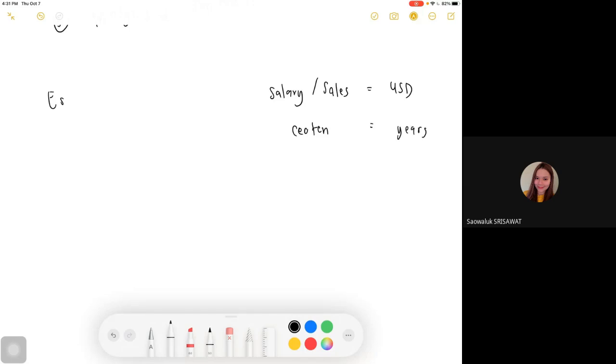Okay, so this is the estimation, right? So the first one, you will see that your salary has a coefficient.